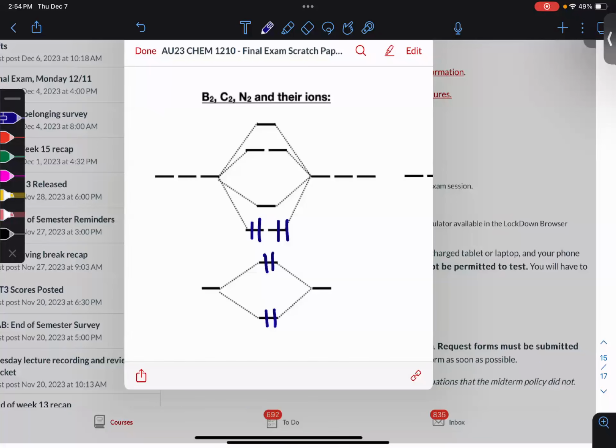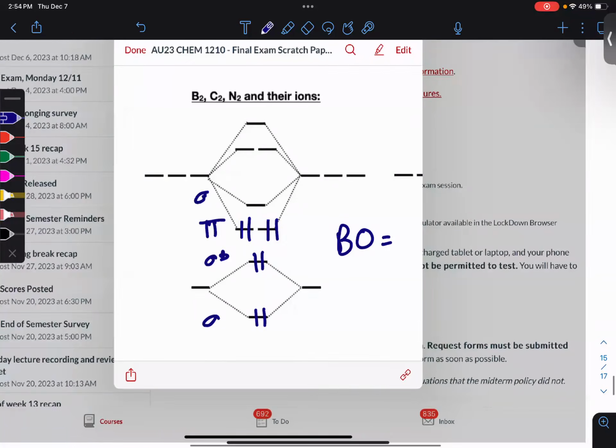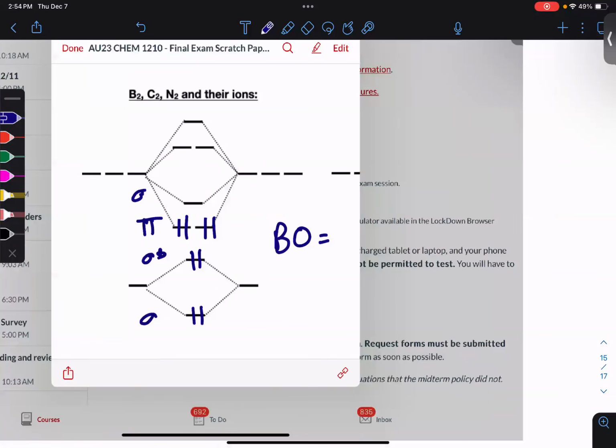So for neutral diatomic carbon, what is the bond order? 4? 2. It's 2. So let's just remember, this is pi, sigma, sigma star, sigma. The equation for bond order for MO diagrams is bonding electrons minus antibonding over 2.